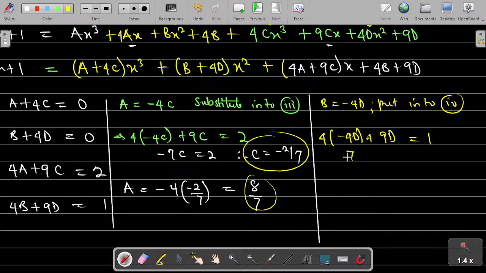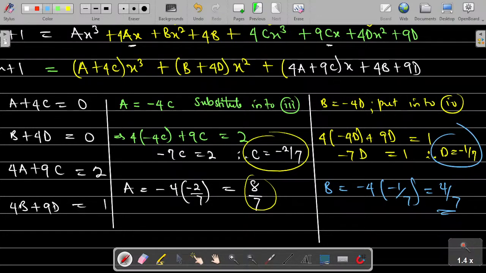Okay, in this case, you have that minus 7D will be equal to 1. So therefore, our D is equal to minus 1 over 7. Okay, and that's beautiful. So what will our B finally become? That will be minus 4 multiplied by minus 1 over 7, and that's equal to 4 over 7. So we have the 4 values: D is minus 1 over 7, B is 4 over 7, A is 8 over 7, and C is minus 2 over 7.